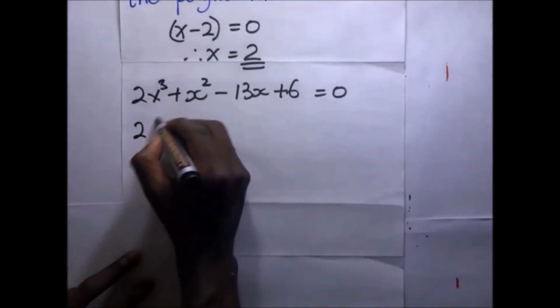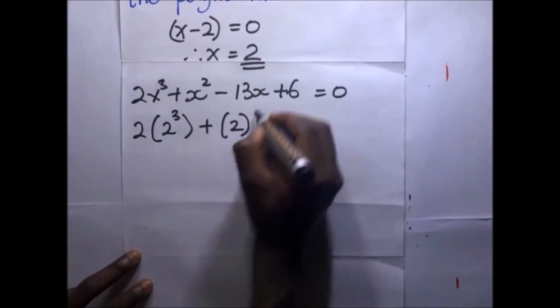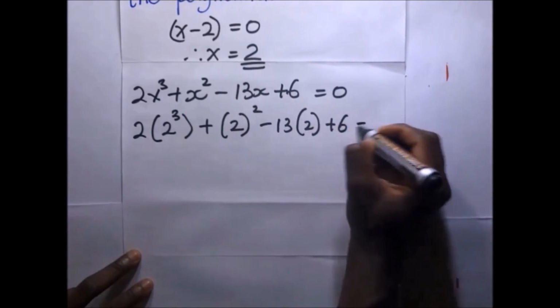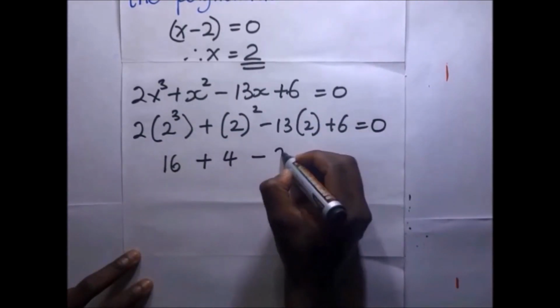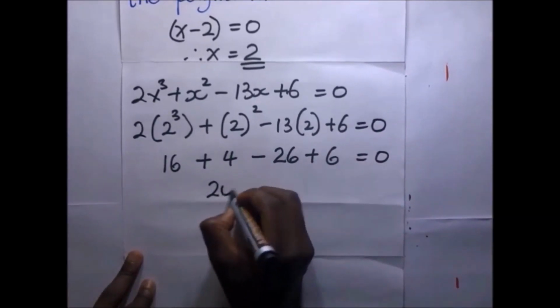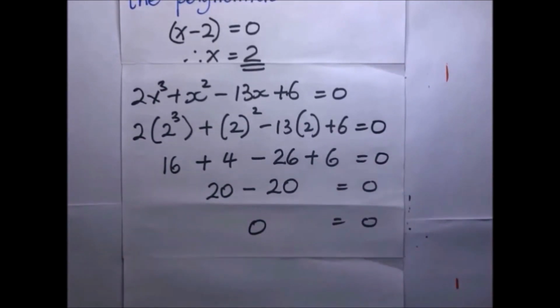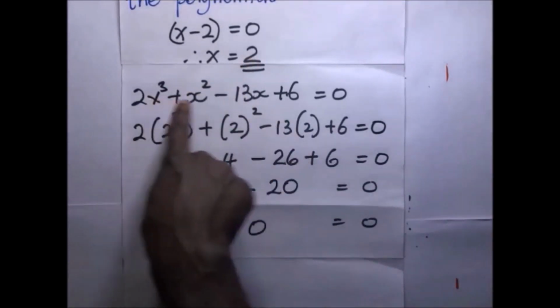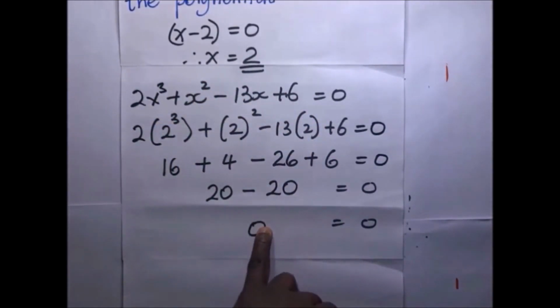So it becomes 2 into 2 cubed. When we substitute the value of 2 in this polynomial, we are going to end up with 0. So that means that indeed, x minus 2 is a factor.